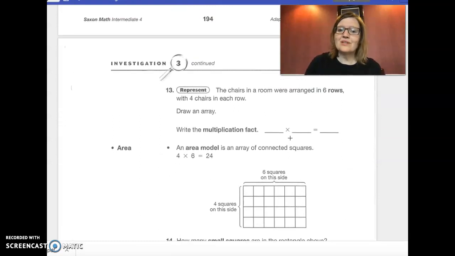Another example. The chairs in a room were arranged in 6 rows, 4 chairs in a row, and they want you to draw an array. So take a minute, pause it, and draw an array. Let's see if we look the same.